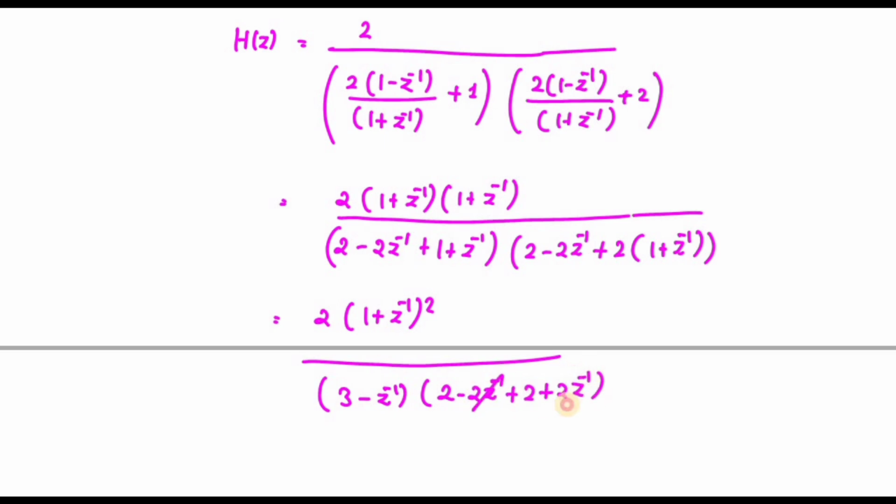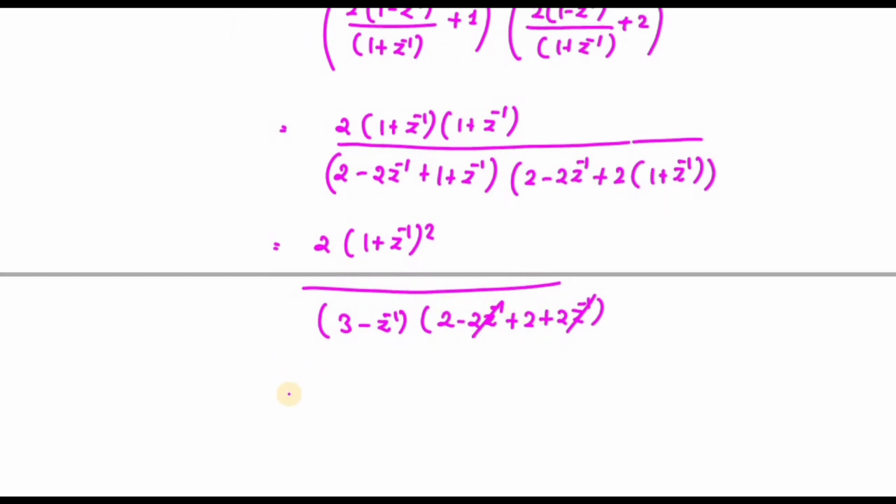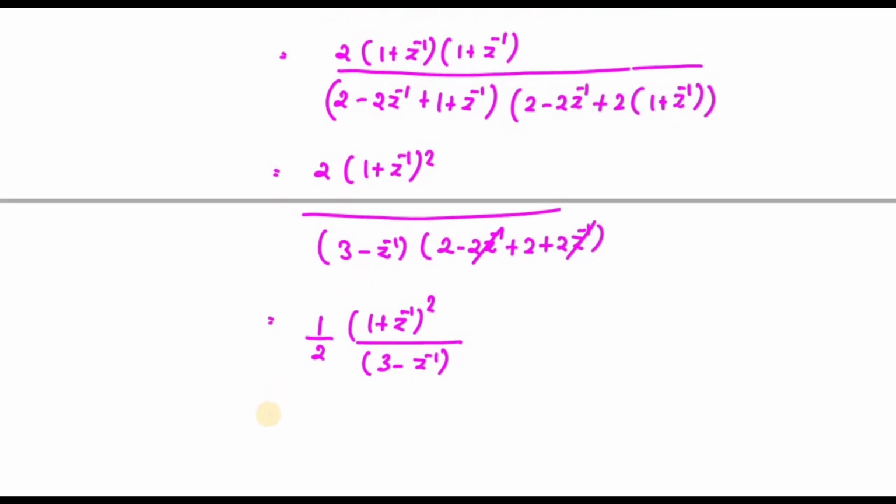So these two get cancelled out, so we'll get 4, right? So we'll get 1 divided by 2 into (1 plus z power minus 1) power 2 divided by 3 minus z power minus 1. So this I can rewrite as (1 plus z power minus 1) the whole square divided by 6 minus 2 into z power minus 1.